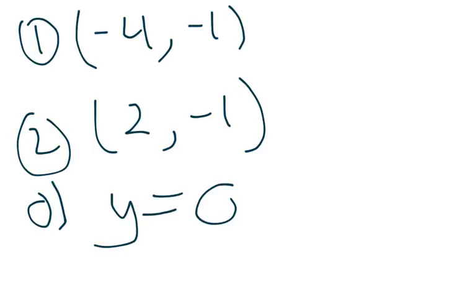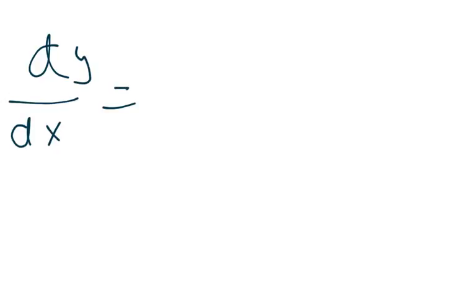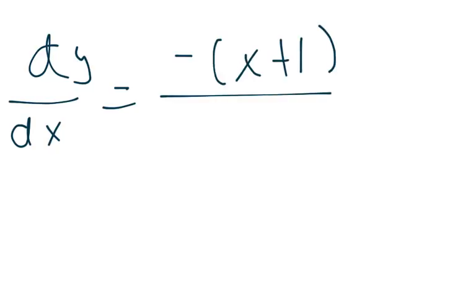So to check if it is possible, we do dy over dx equals negative x plus 1 over 2y to the third plus 1.